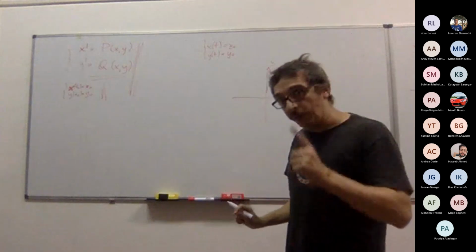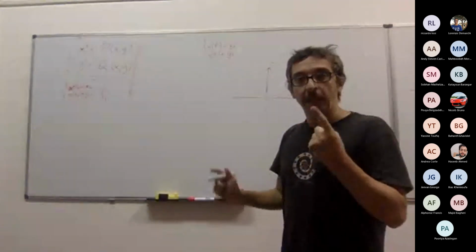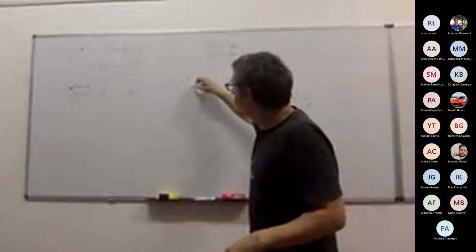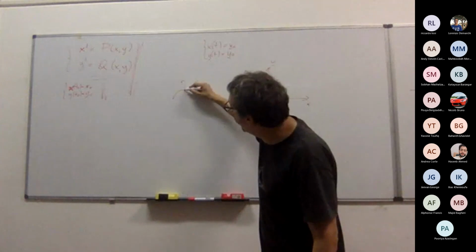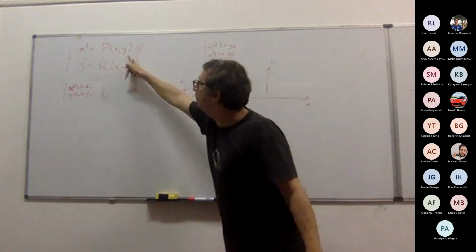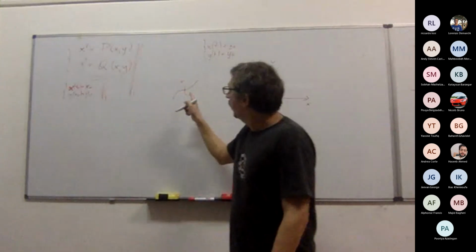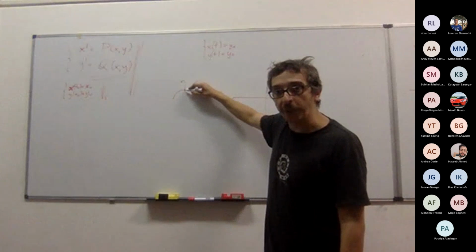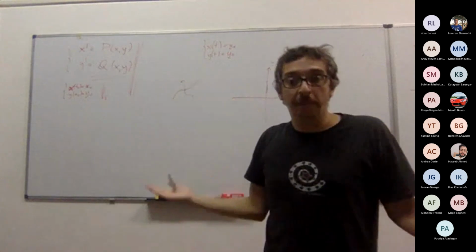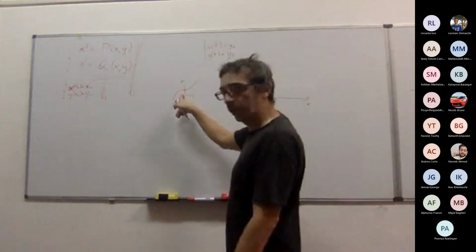So there is just that solution passing through that point. This means that you cannot have two orbits crossing, because two orbits crossing means that they are both solving this problem for the initial value data given on this point, and this would not be possible because of unicity of the solution.